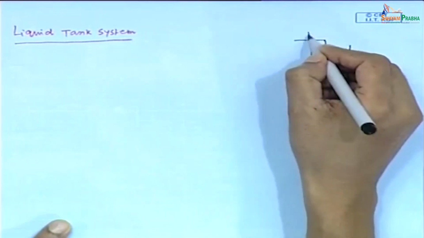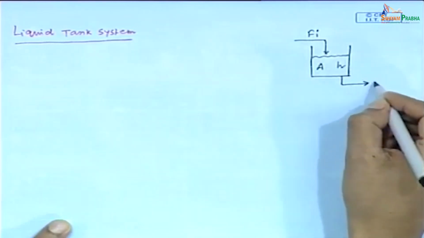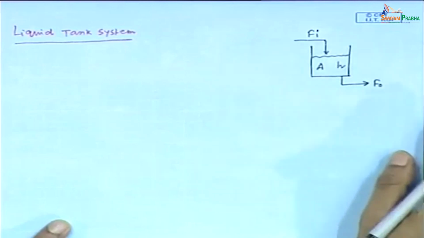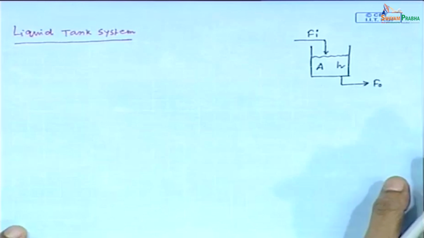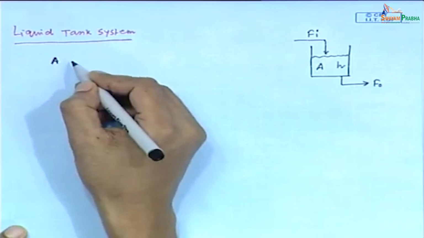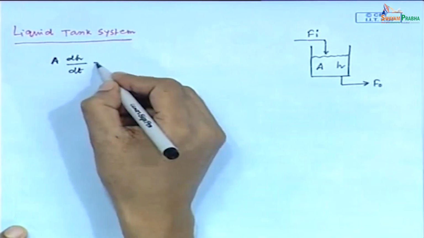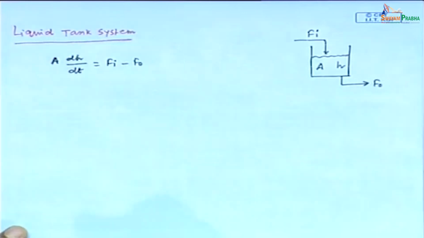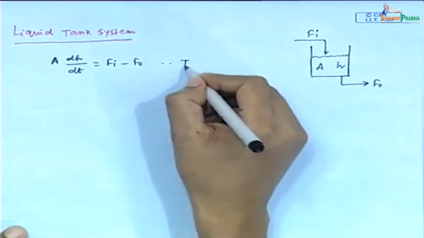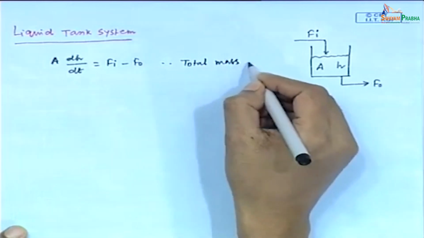Input flow rate is Fi and outlet flow rate is F naught. We have derived earlier the modeling equation for this system: A dH dt equal to Fi minus F naught. This equation we can derive based on total mass balance.